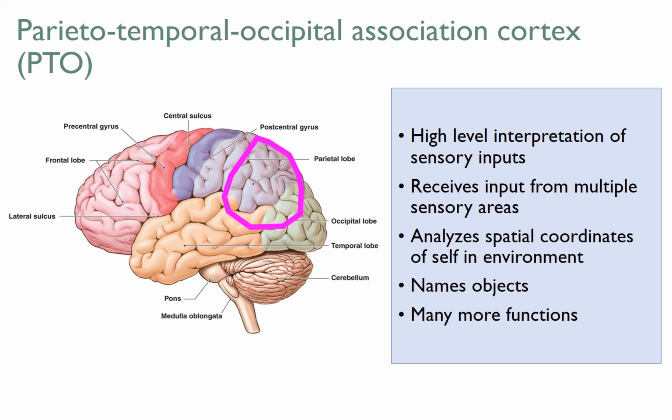And it's just really cool because it is able to do all of these functions, and it does so because it gets sensory input from all these other association areas. Okay, so if we were to break this back down, we could say I pick up something in my hand and it's heavy and it's got a smooth surface.